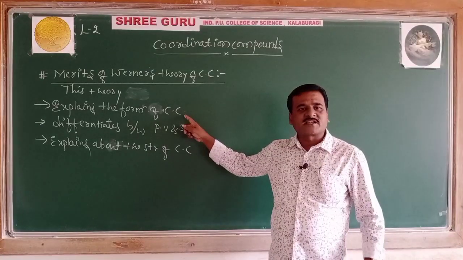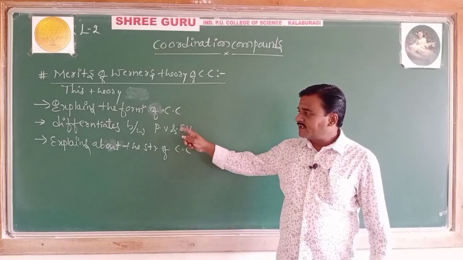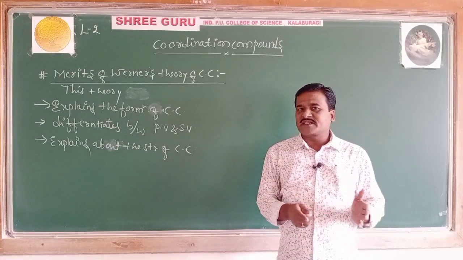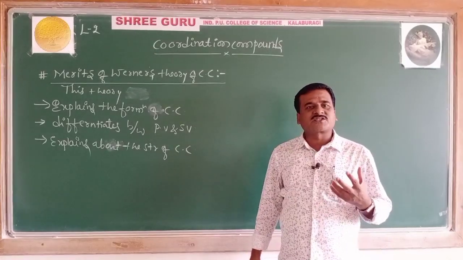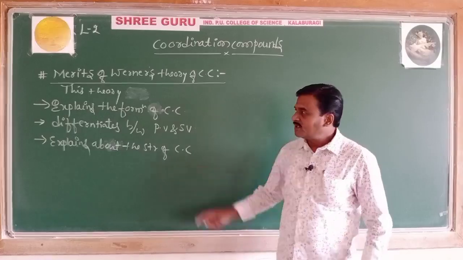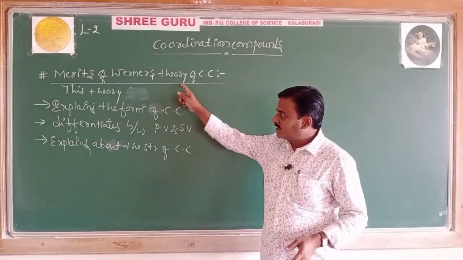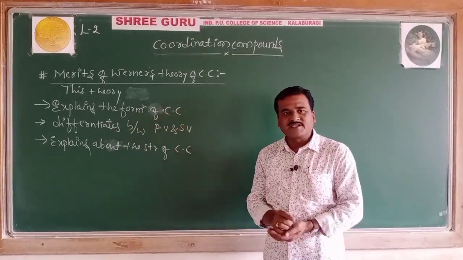This theory explains successfully the formation of coordination compounds. Second, it differentiates between the primary valency and secondary valencies. And third, it explains the structure of the coordination compounds. Let's collect briefly some information with examples to gain an idea about the merits.